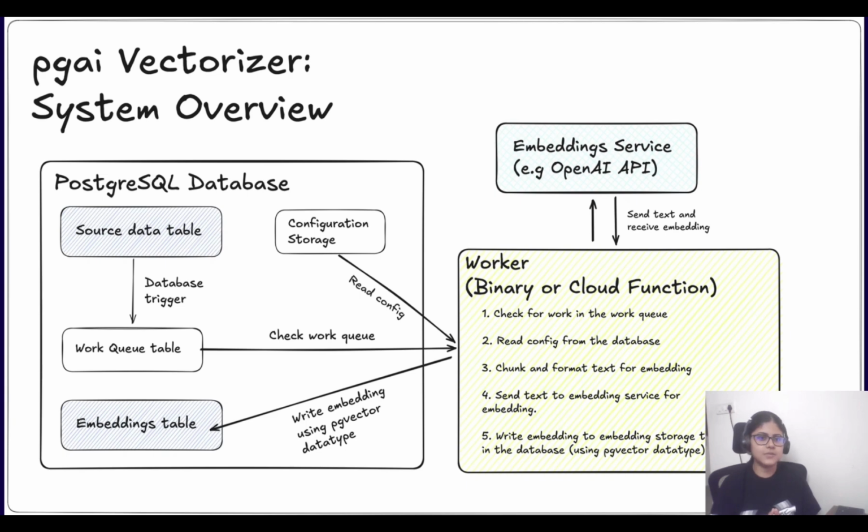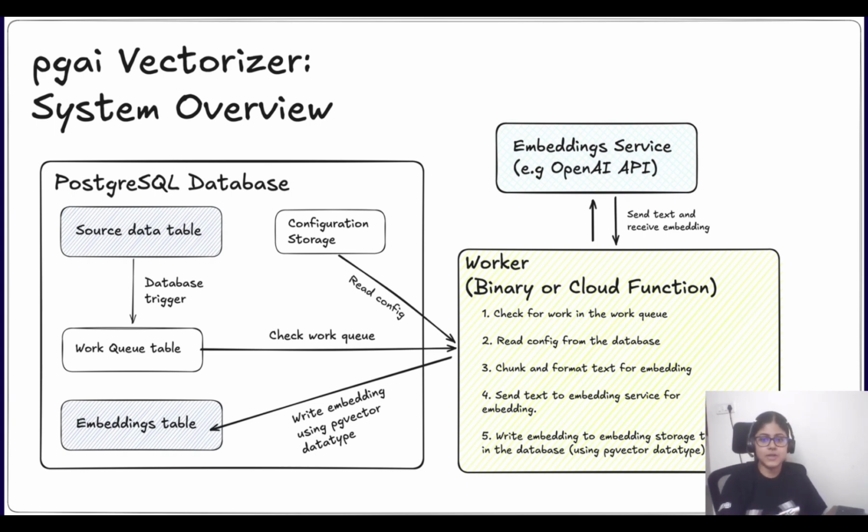So this is a general PgAI, mainly the vectorizer that helps us do the automated embedding generation, which is what this architecture explains to us. You already have your Postgres database sitting there with the source table, work queue, and embedding tables that you create via the embedding model that you have. And now you have your vectorizer, which helps you incorporate these things onto your existing setup, does chunking, and maintains your embeddings from time to time without you having to write or update anything.